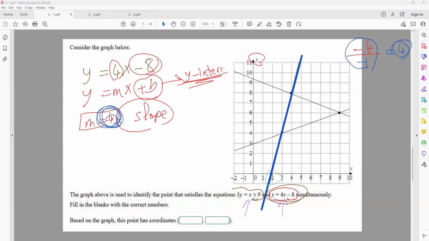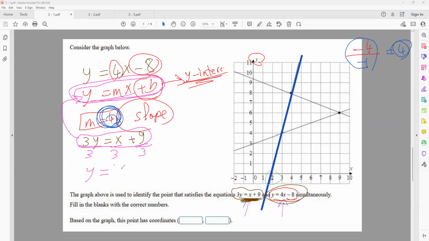Now we want to find the line that represents this equation. My equation is 3y equal x plus 9. We want to put this equation in the standard form y equal mx plus b. So we divide by 3 all terms of the equation.